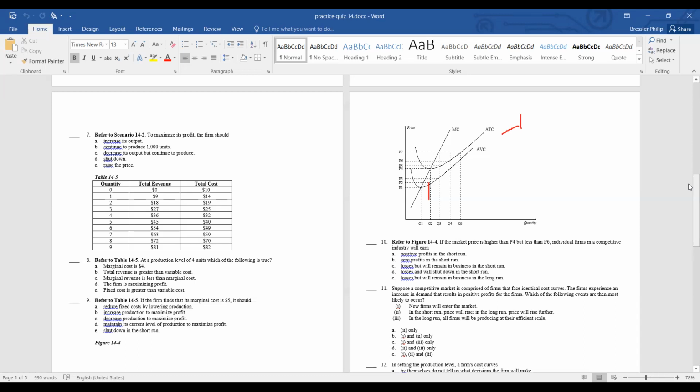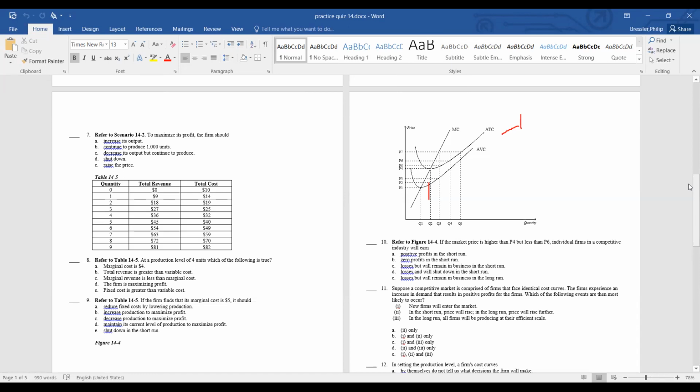Okay. If they're giving you the marginal cost, you got to first find the marginal revenue. Do you understand how to do that? All right, the marginal revenue is change in total revenue over change in input. So look at the first one on the table.